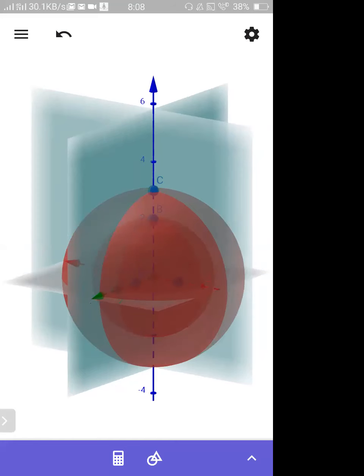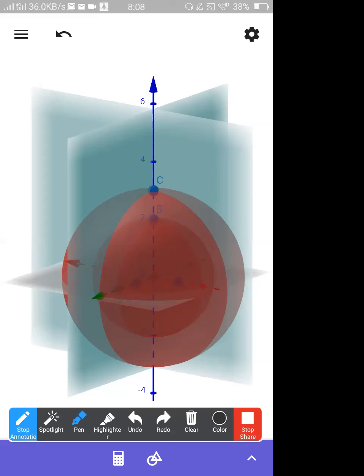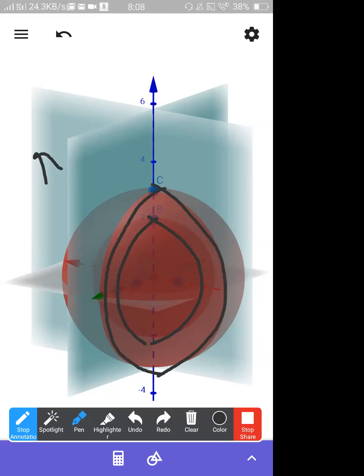Are you all observing? For a smaller sphere, the arc variation is like this. For a bigger sphere, the arc variation is like this. By keeping the other parameters constant, if you increase r, your arc length will still increase. That is the idea of r sin theta d phi.